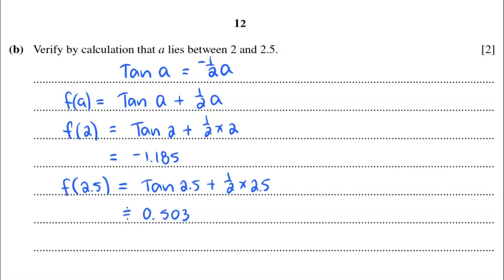We rounded both of those, so we should put an approximate sign there. All right, so what that tells us is the root of the function, or when tan A equals negative half of A, is between those two values, because one is below the axis and one is above the axis.